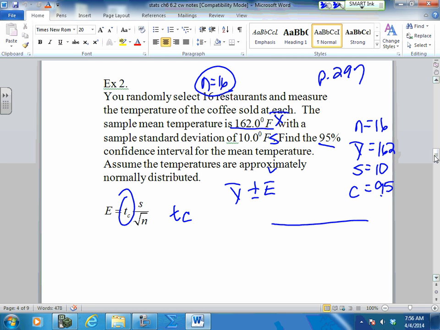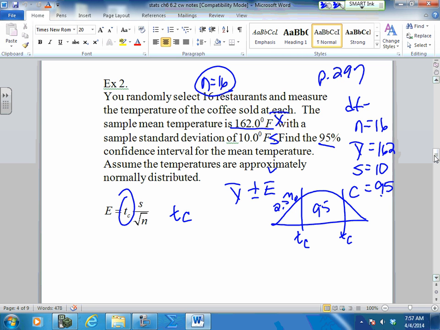So we know that 95% of your data sits here. This is 5%, so this is 2.5% in each tail. We want this guy. They're going to be the same. They're symmetric. But all we want is the positive number. And that's exactly what your chart gives you, a positive number. So we notice we need degrees of freedom.